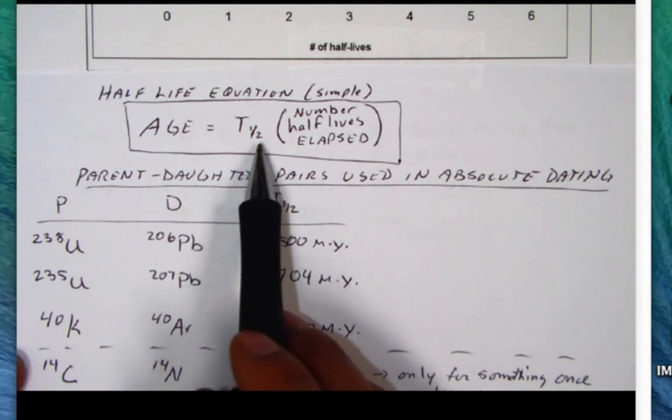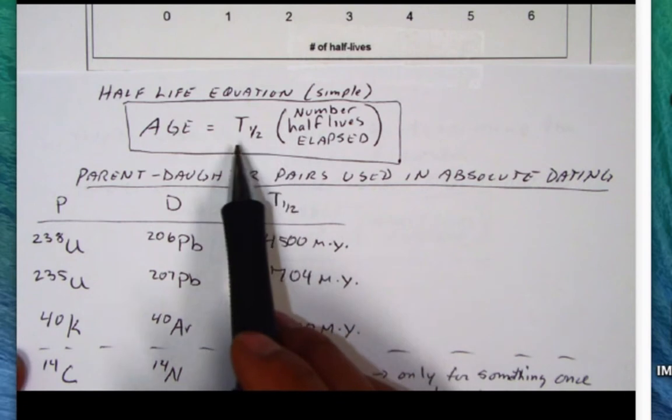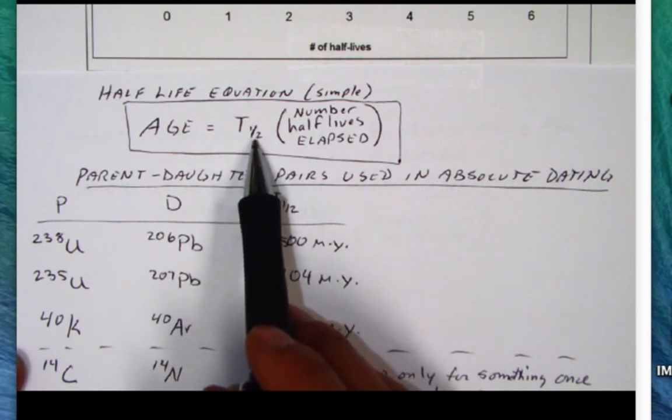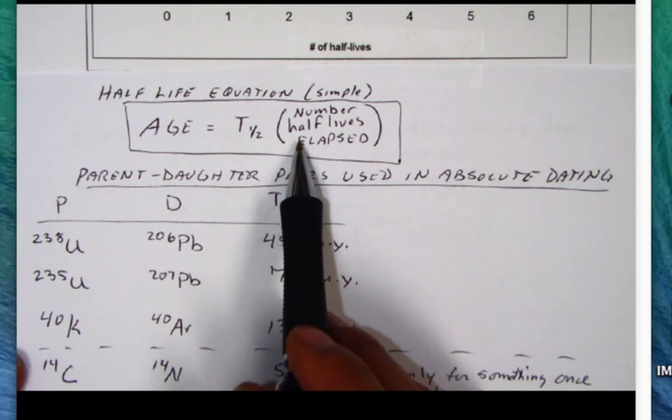And T1/2 is basically the time required, the half-life, for a given number of parent atoms to be decayed by 1/2, to be reduced by 1/2. And then you want to multiply that by the number of half-lives elapsed. So it's going to be the half-life of the sample, how long it takes for each half-life to occur, times the number of half-lives that have occurred.